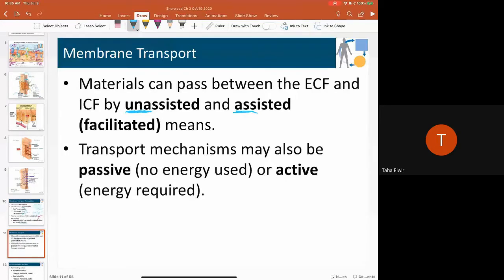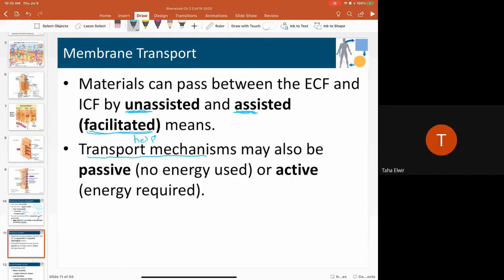But if it's too big, like glucose, too big to get in through a channel, then it has to have some assistance. It has to be helped, which the term is called facilitated. Facilitation means to help. So being helped means you have a transport mechanism.